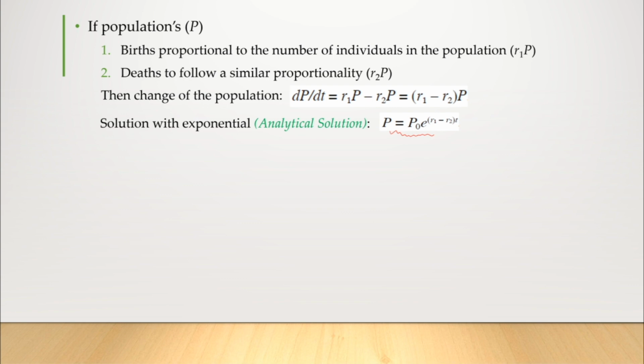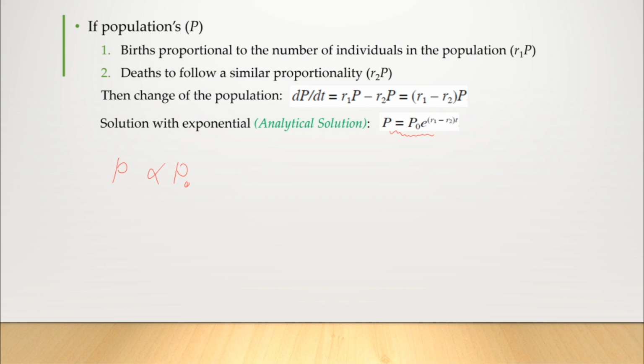Of course, that's the first thing we did in the unconstrained model. So we said the population is proportional to the initial population, or the previous population.